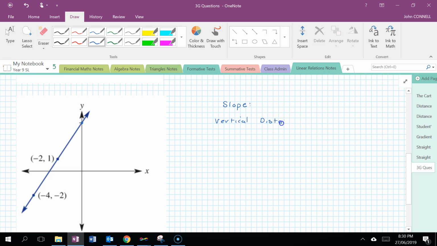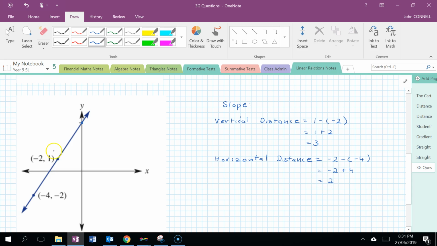And the vertical distance is going to be, I'm going to go 1 take minus 2, which is 1 plus 2, which is 3. And then the horizontal distance, well, the horizontal distance will be, again, the subtraction of the x-coordinates, minus 2 take minus 4, which gives us minus 2 plus 4, which is 2.